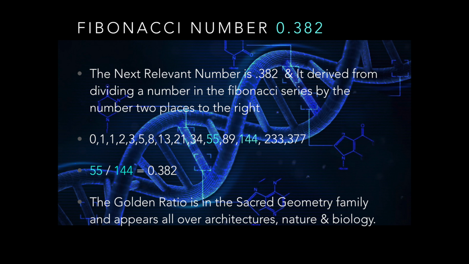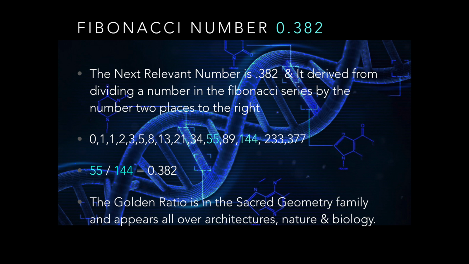So if you take any number in the sequence, take 55 for example, and divide it by 144, which is two levels to the right, that number will equal 0.382. So 144 divided by 377 will equal 0.382, and so on and so forth.